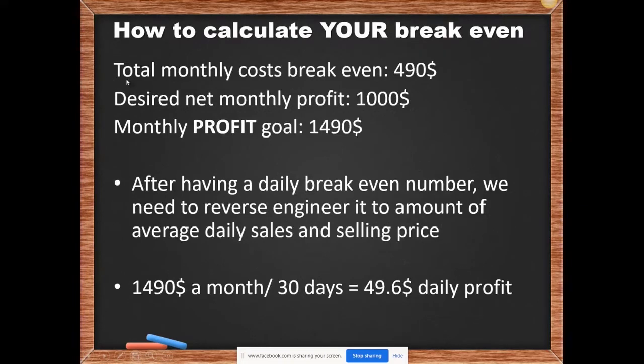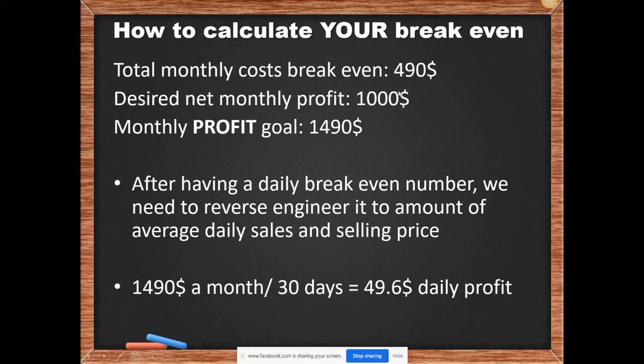So if we take from the previous example, our monthly business costs in order to break even, just not to lose money, we need to make $490, right? Let's say my desired net monthly profit in my pocket after everything, I want it to be $1,000.